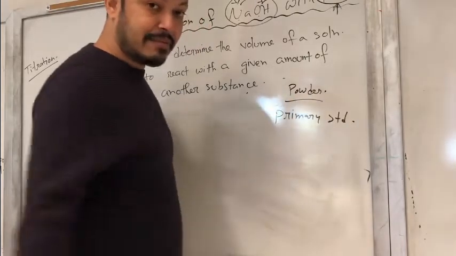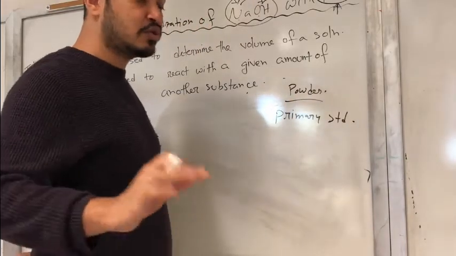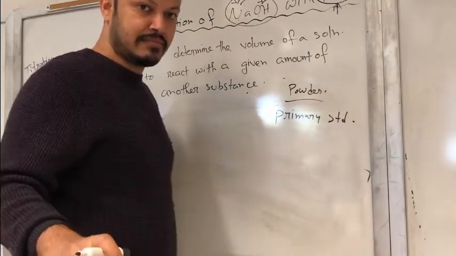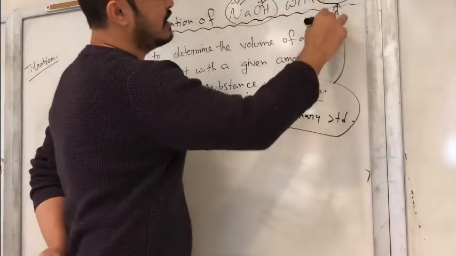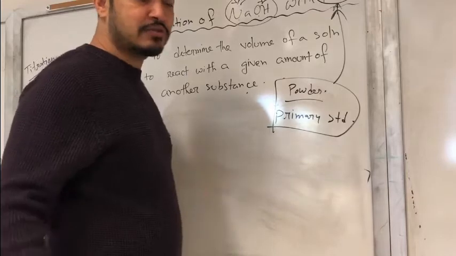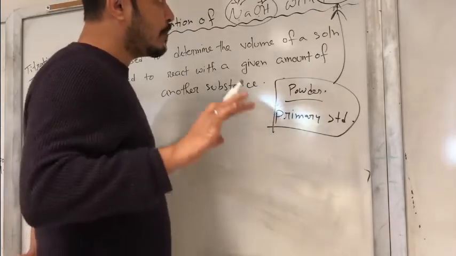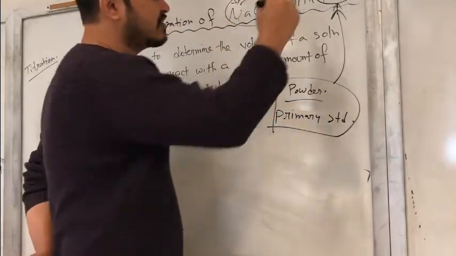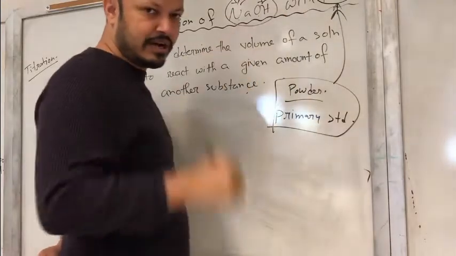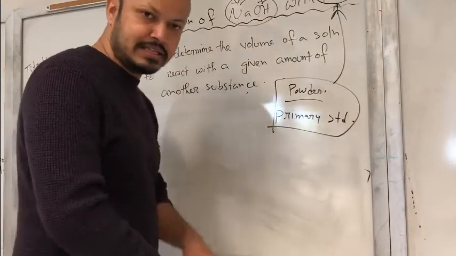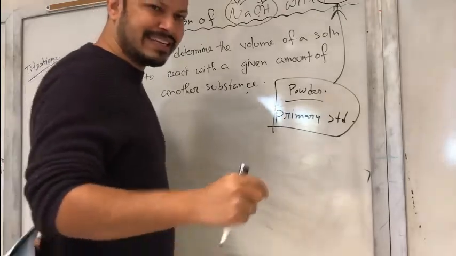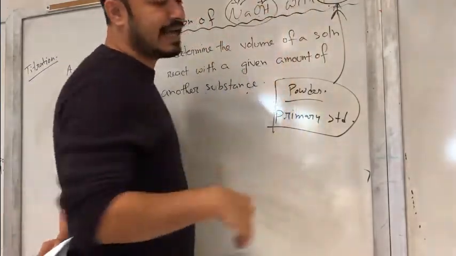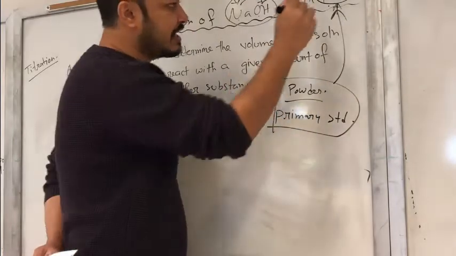What is a primary standard substance? A substance whose concentration doesn't change with time. That means the concentration of the KHP does not change with time. So we can make the exact concentration of this KHP by using our very high quality weighing machine. With the weighing machine we can take the exact amount of KHP and make the exact concentration of the KHP.